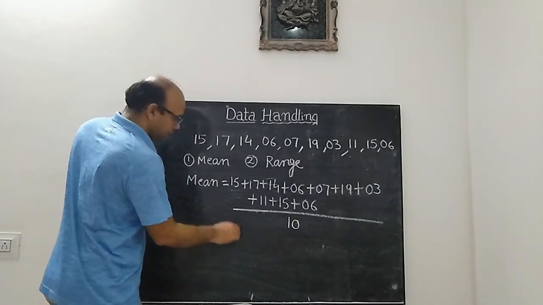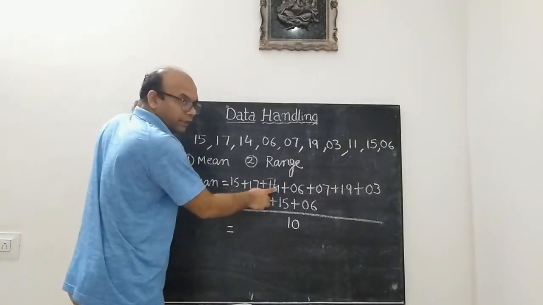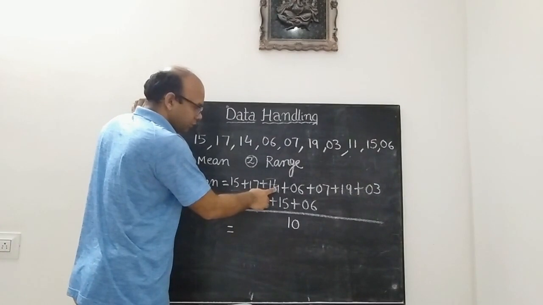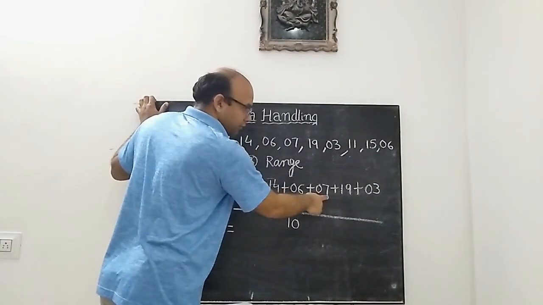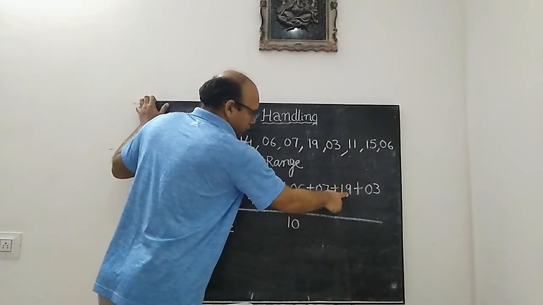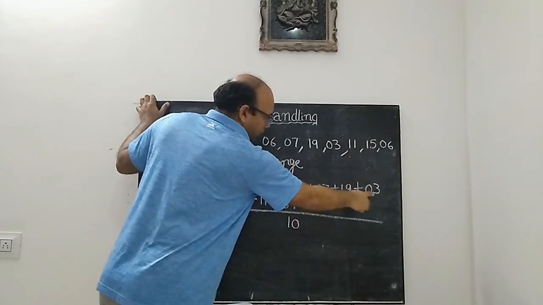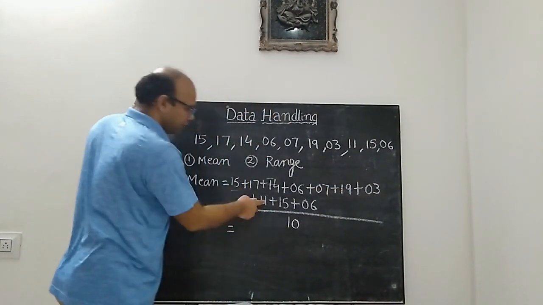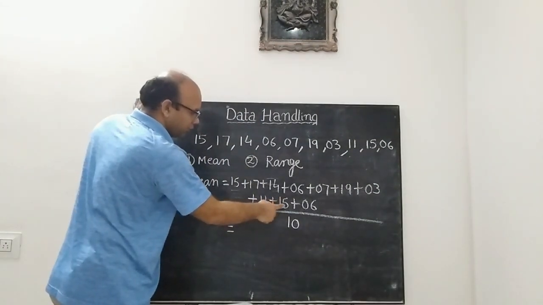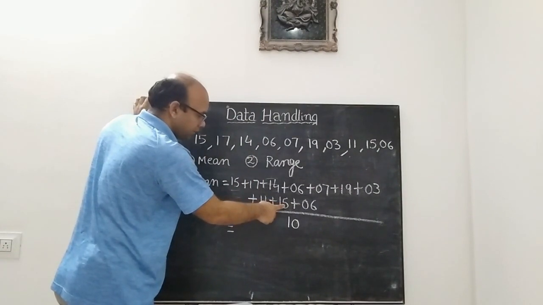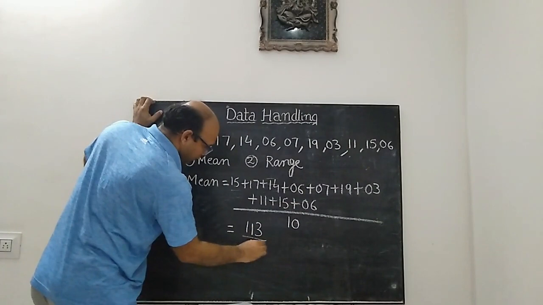We just simply add 15 plus 17 is 32. 32 plus 14 is 46. 46 plus 6, 52. Plus 7, 59, and 19 is 78, plus 3, 81, plus 11, 92, 92 plus 15 is 107, and 6 is 113, divided by 10.